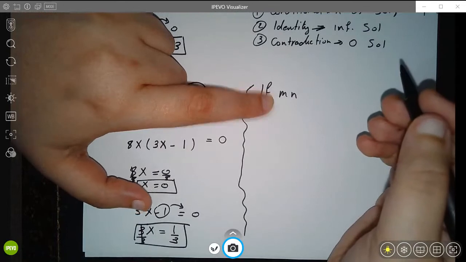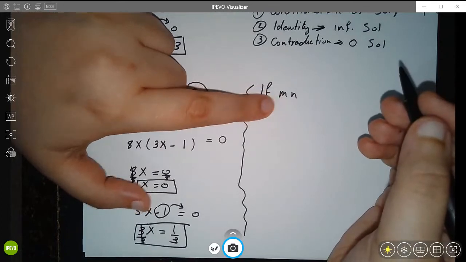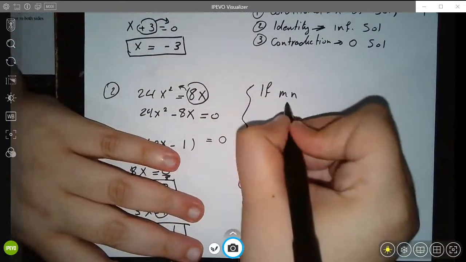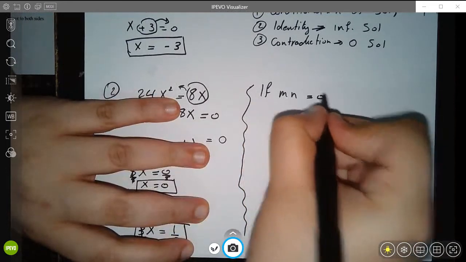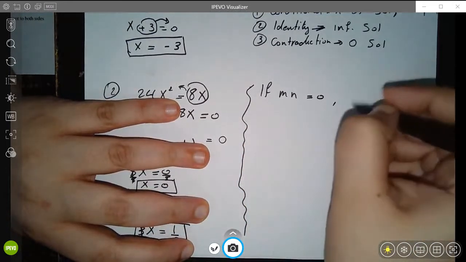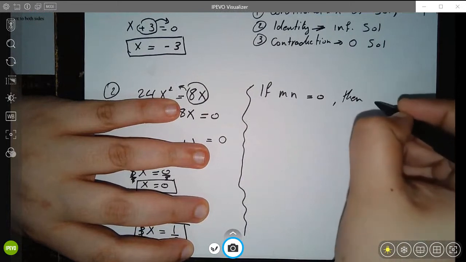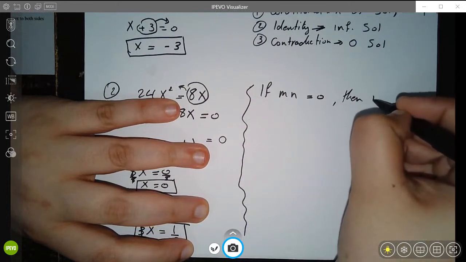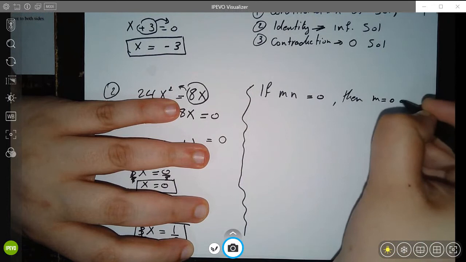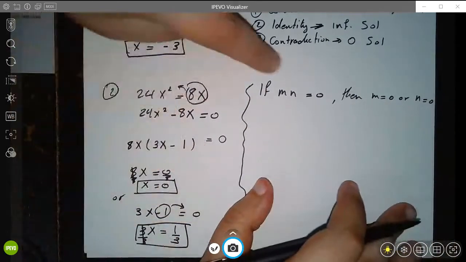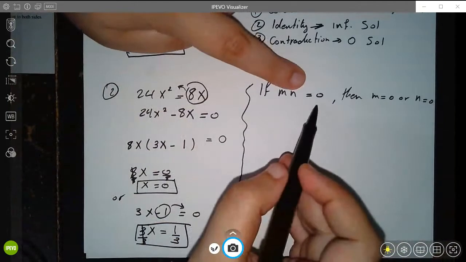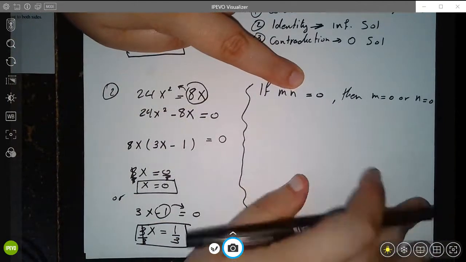Kind of like x and y, but I'm calling them m and n. So if a multiplication between m and n equals 0, then either m equals 0 or n equals 0, which makes sense, right? If one of them is 0, the product is obviously going to be 0.